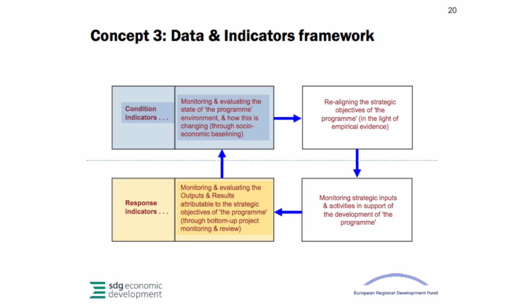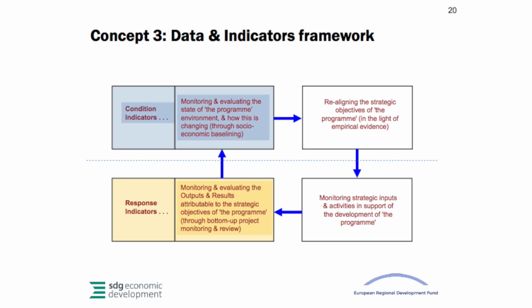And that syncopation, that bringing together of condition indicators, how they are moving, and response indicators through my activities, my outputs, maybe even my results, the extent to which those are aligning with those condition indicators, that's all about giving your program a really good dynamic in real terms.